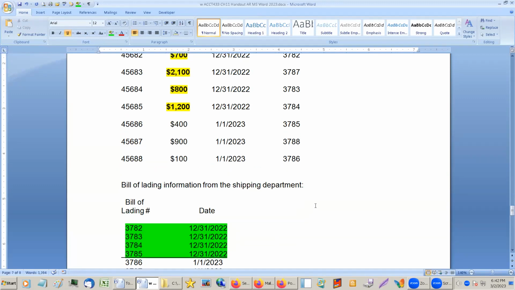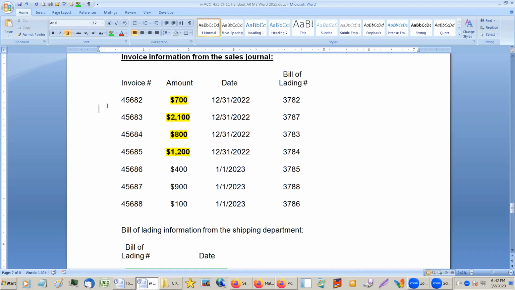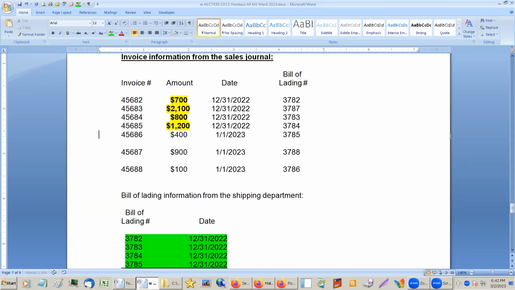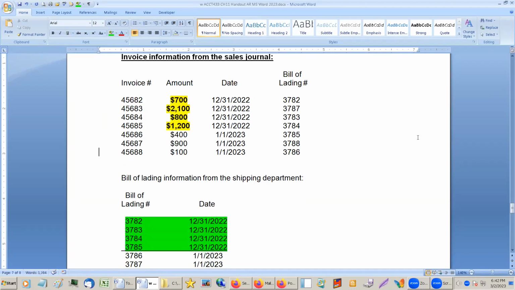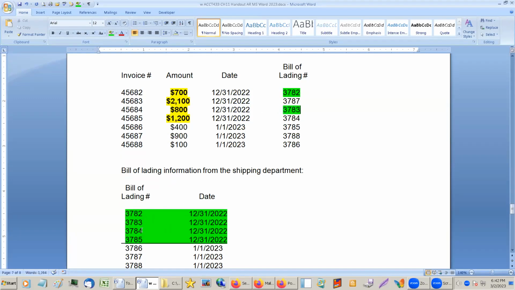Okay, so coming up here, I'm gonna scrunch these up to get them both on the same page. All right, so let's see which ones of these were actually sold. 3782. 3782 was sold. 3783. 3784.